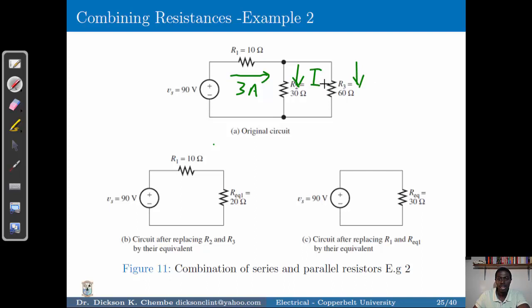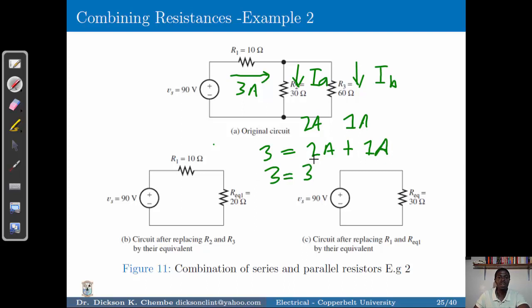If we say that is IA and that is IB, as we have solved, the current flowing through this resistor is 2 amps, and the current flowing through this resistor is 1 amp, which verifies KCL, because the sum of currents entering the node, which is 3 amps, must be equal to the sum of currents leaving that same node. So we've got 2 amps plus 1 amp, which gives us 3 equal to 3, verifying Kirchhoff's current law.